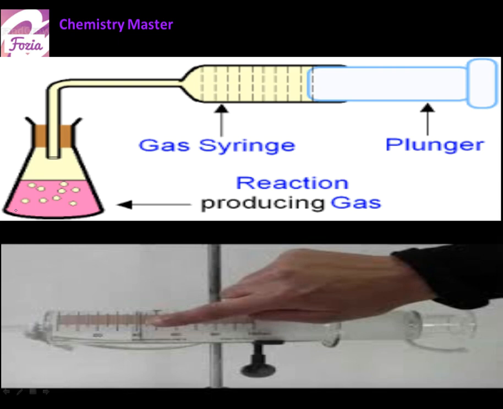Again, see, the reaction is going on here and the reaction is producing gas. The gas comes out, enters the syringe, and pushes the plunger out on which the lines are marked. So this is the line, and this much is the volume of the gas which is produced during this chemical reaction. It's very easy for you now.